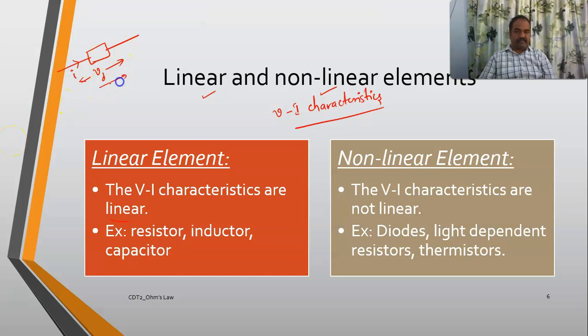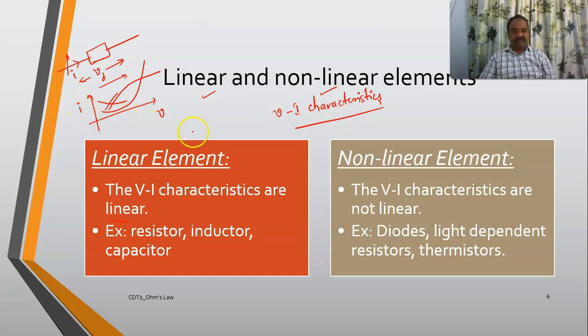If I increase the voltage, the current may increase or decrease. It may increase linearly or exponentially, or after some time it may go into saturation. It depends upon the type of element. So as V increases, I may decrease or increase, or it may go to saturation, or it may increase exponentially. It is the nature of the element, right?